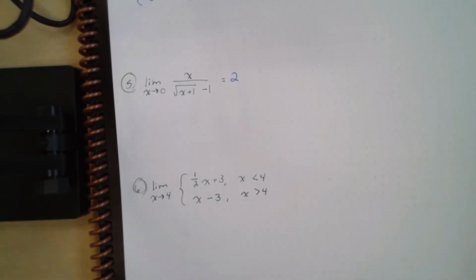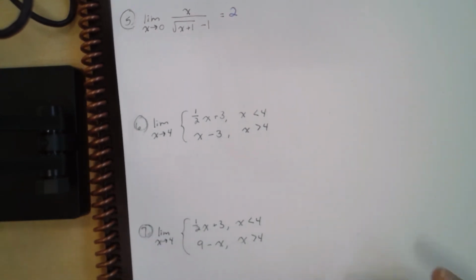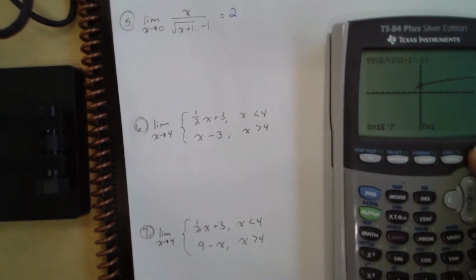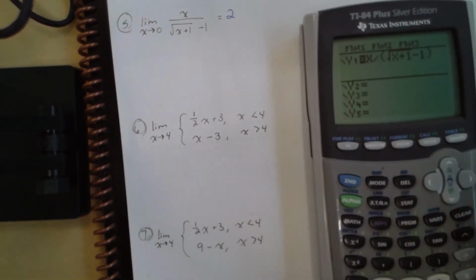Let's look at number 6. Now number 6, we've got a piecewise function, so we want to be able to enter that in our calculator. There's actually a way to do this in your calculator without even having to write this in 2 lines.